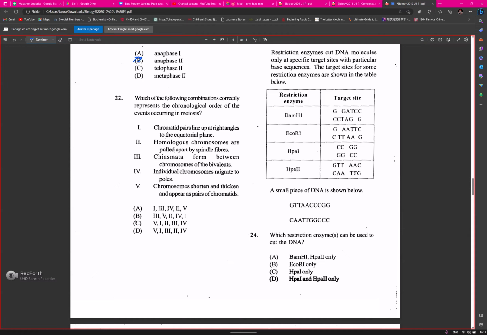Hold on, what's happening here? No, that won't be true. 3 first. B is the answer. Would 3 be first? Or 5 be first? This question looks weird. What are your thoughts on this question?